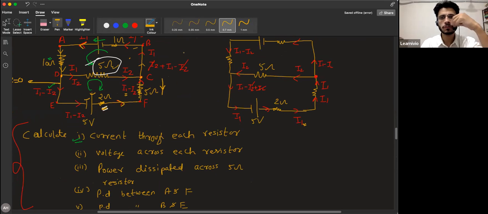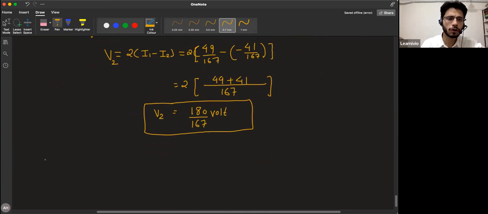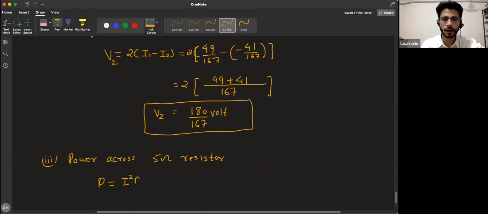I squared R, right? Yes. So for power across the 5 ohm resistor, we will be using this expression. Power is I squared R.